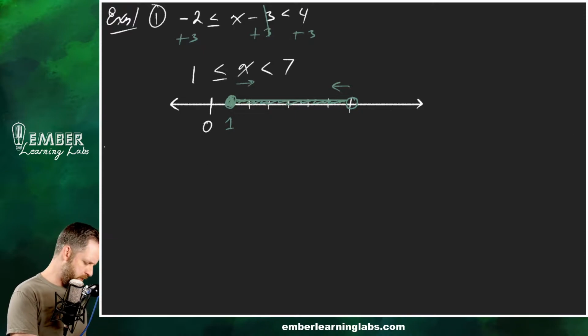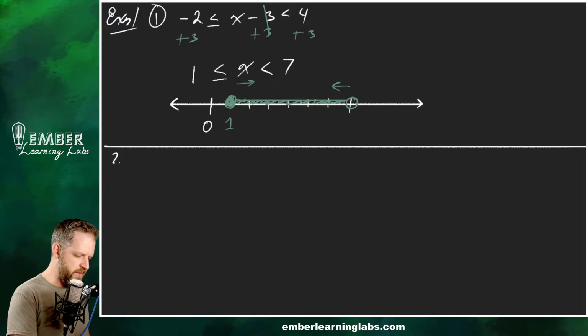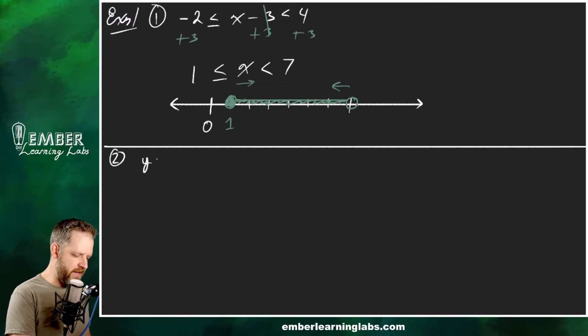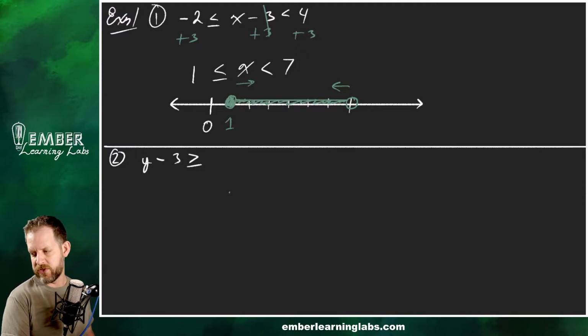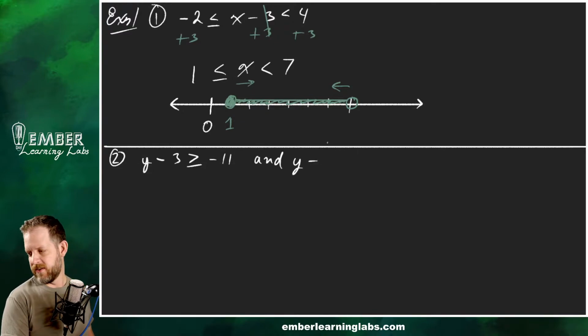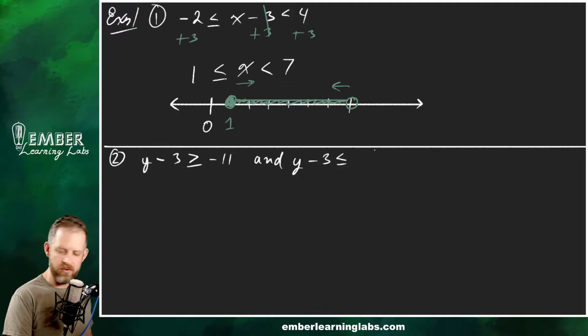For this example 2, we're going to do y minus 3 is greater than or equal to negative 11, and y minus 3 is less than or equal to negative 8.